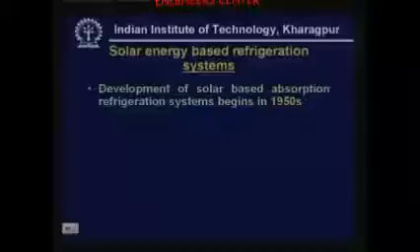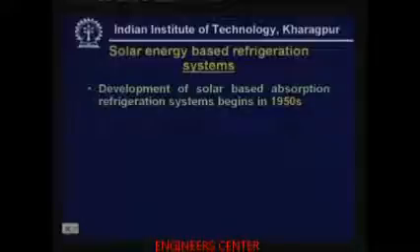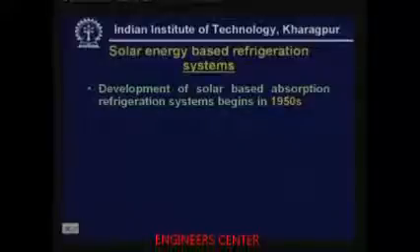So as I was mentioning, the development began in the 1950s, and it really picked up since the 1960s. The major reason behind this is that people have realized that our fossil fuel reserves are really limited, and refrigeration is typically what is known as a low grade application. And it is said that for low grade applications you should not use high grade energy like electricity.